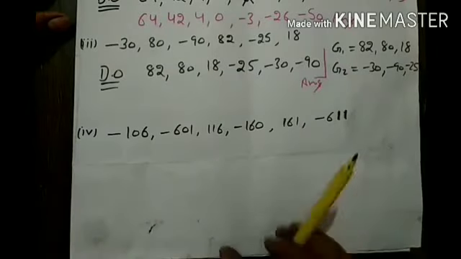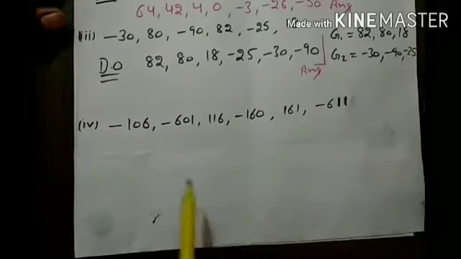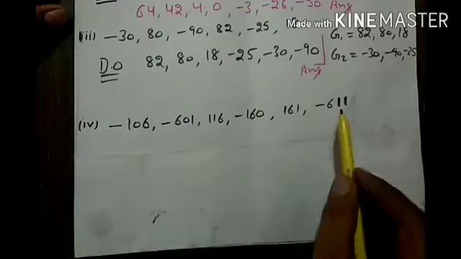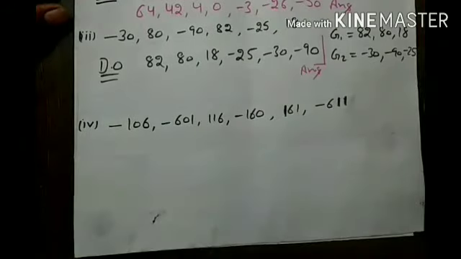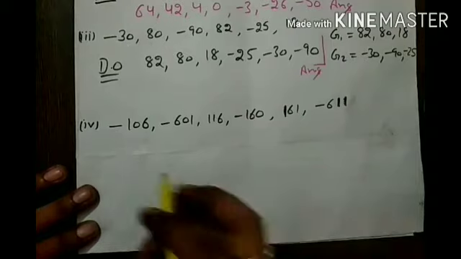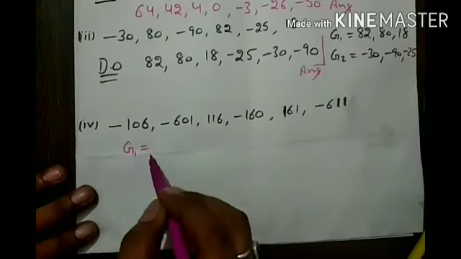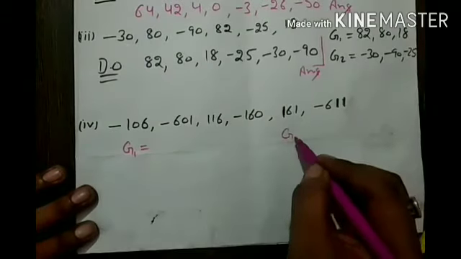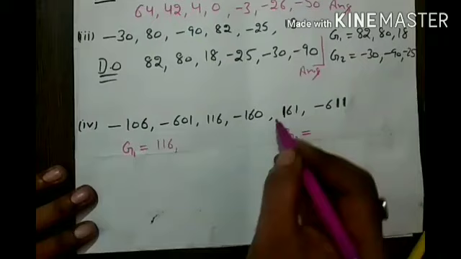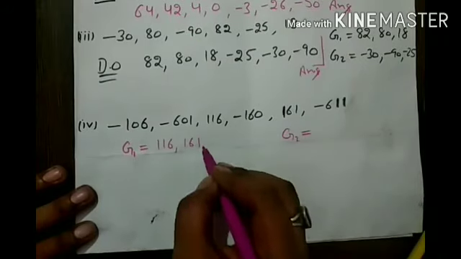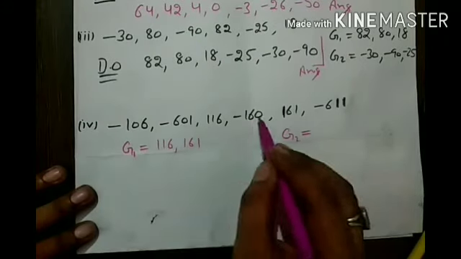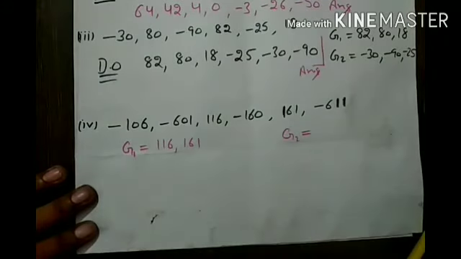Now part 4. 1, 2, 3, 4, 5, 6. Now 6 integers are there, some are positive and some are negative. Therefore I will make group 1 of positive ones and group 2 of negative ones. Which are the positive integers? 116, 161. Yes, only 2 positive integers are there.